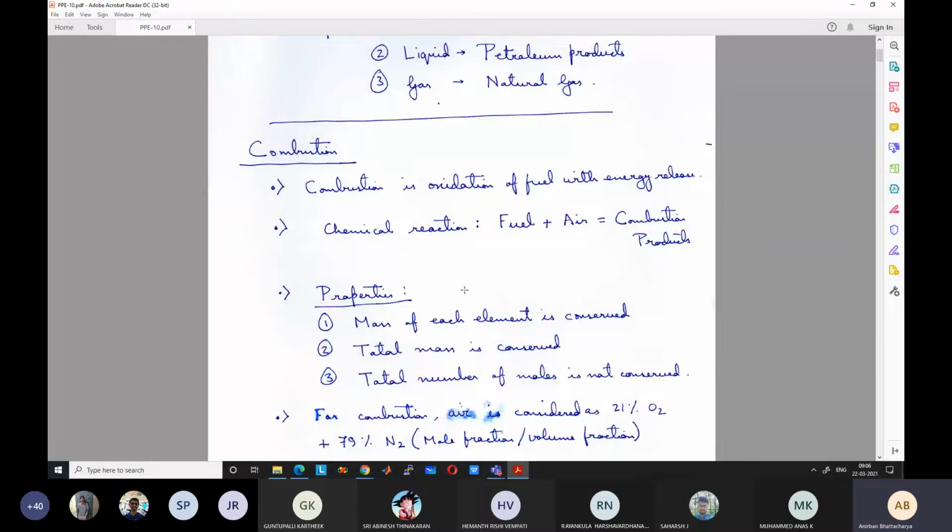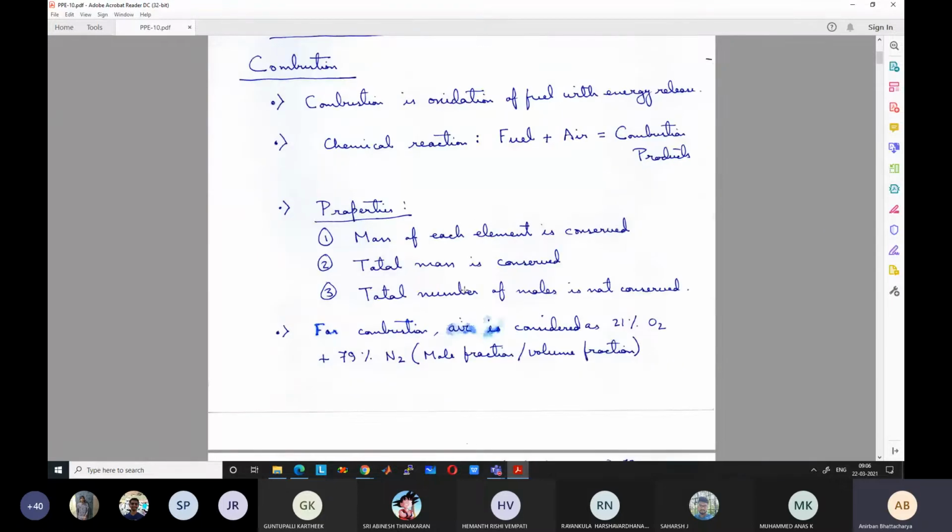What are the properties of this type of chemical reaction? The mass of each element is conserved. Obviously, it has to be true. Whatever the amount of oxygen, it will remain the same. Oxygen is not getting converted to another element. So the mass of each element needs to be conserved. The total mass is also conserved. We will ignore here the slight change of mass that occurs due to conversion to energy.